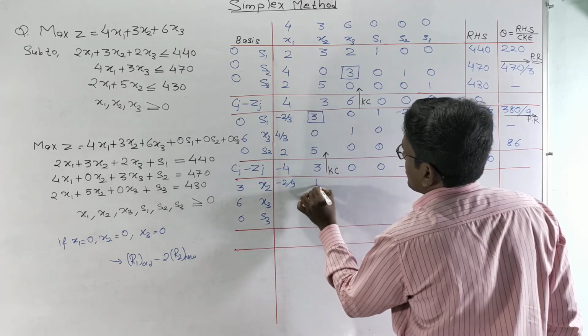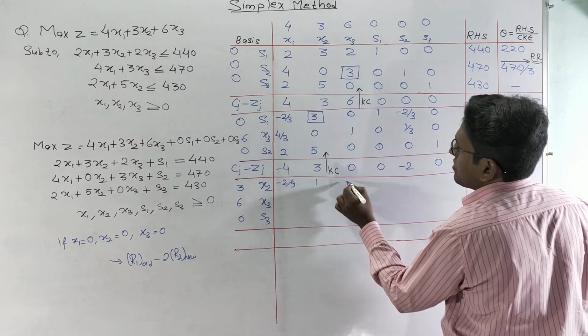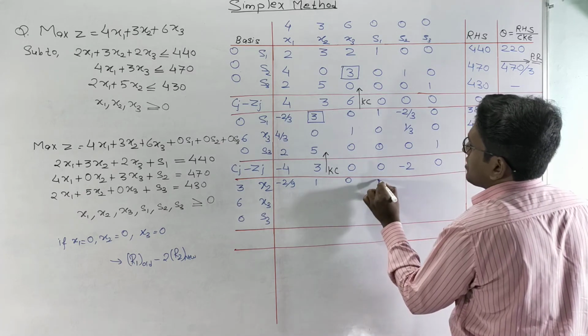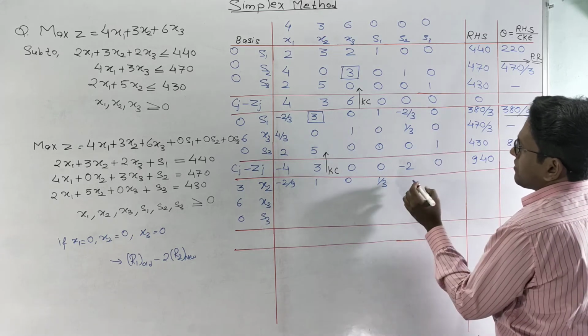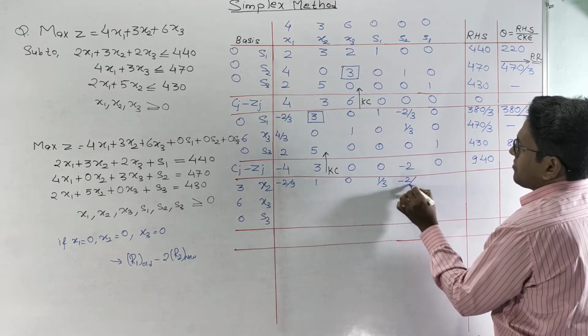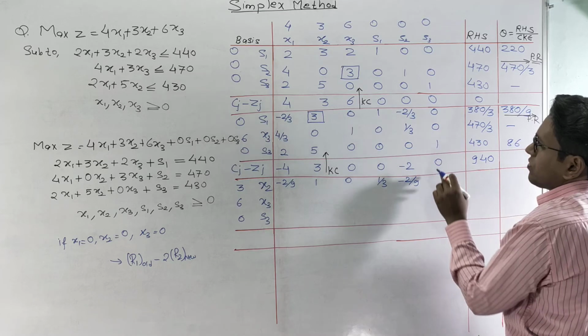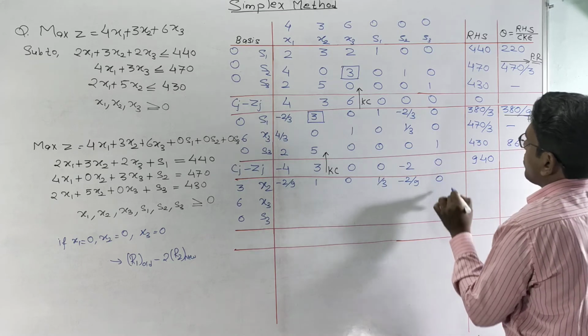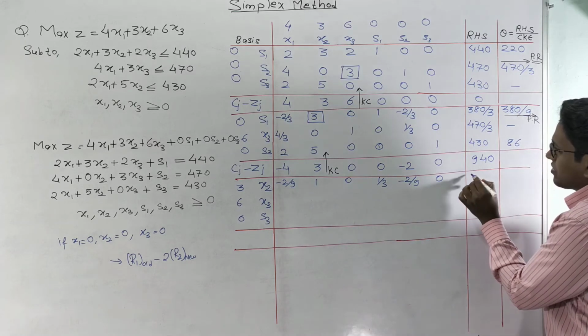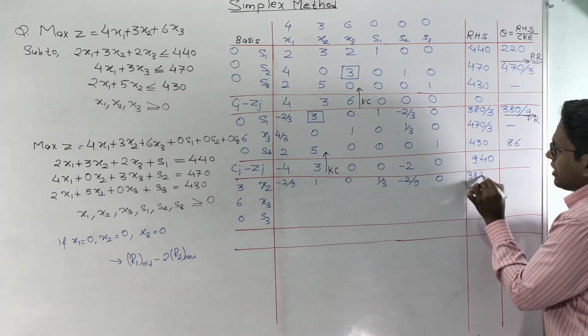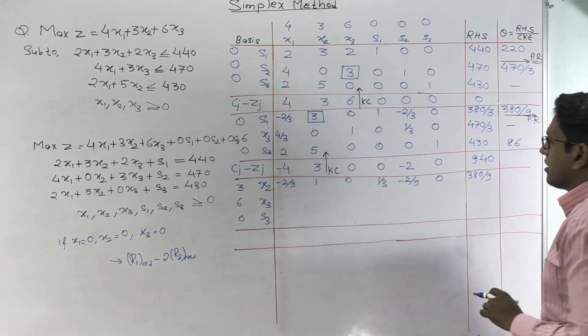This is 1, 0 by 3 is 0, 1 by 3 is 1 by 3, minus 2 by 3 divided by 3 is minus 2 by 9, 0 divided by 3 is 0, and 380 divided by 3 is 380 by 9.